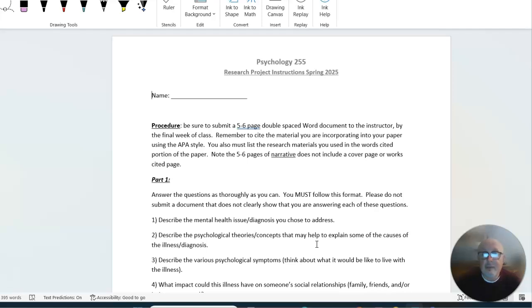And then I want you to get into more of the theories or the concepts that might speak to this particular diagnosis. For example, schizophrenia is a psychotic disorder, and there is a genetic element to it.